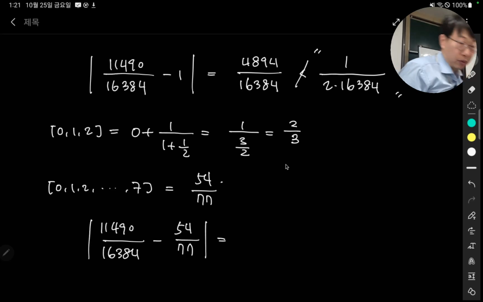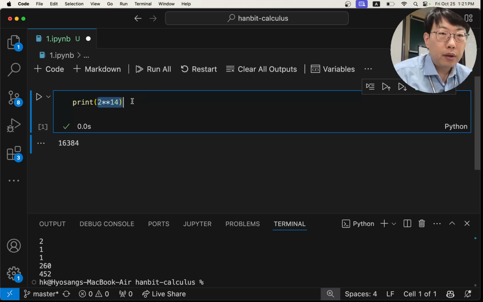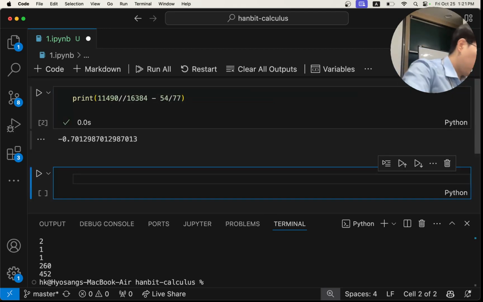I'm going to use the computer here. Let's compute 11490 over 16384 minus 5477.